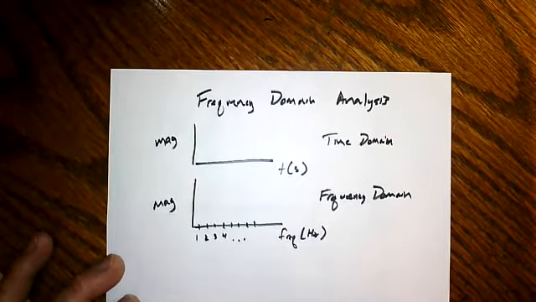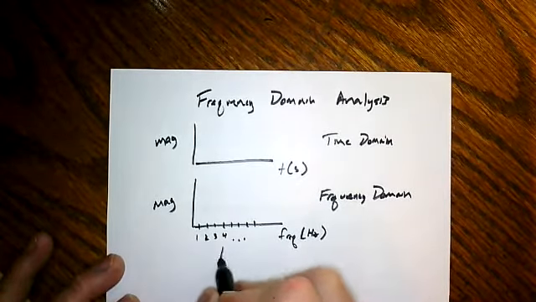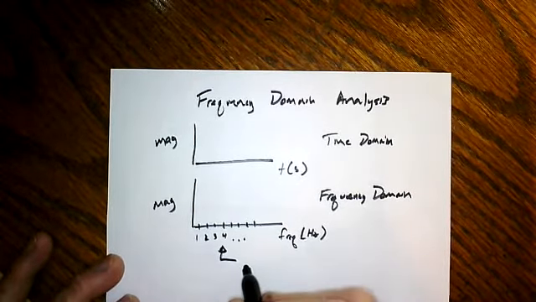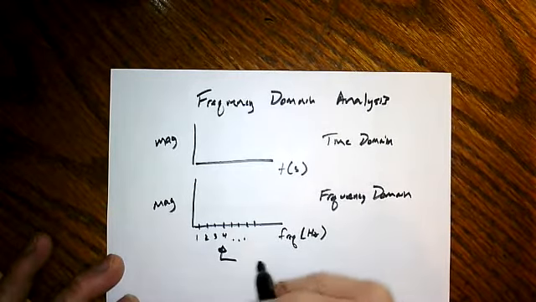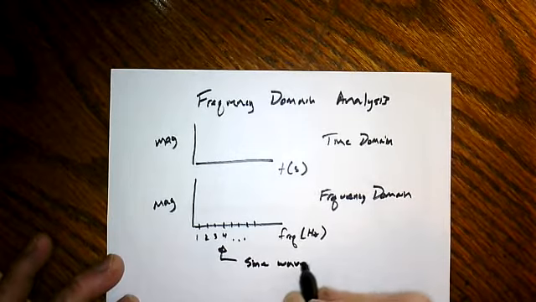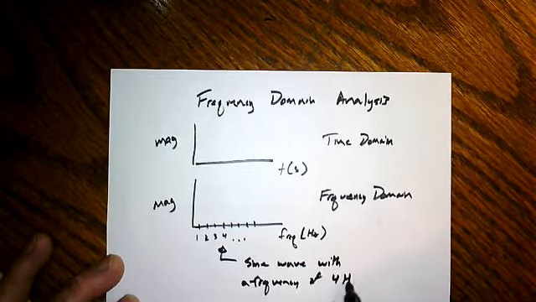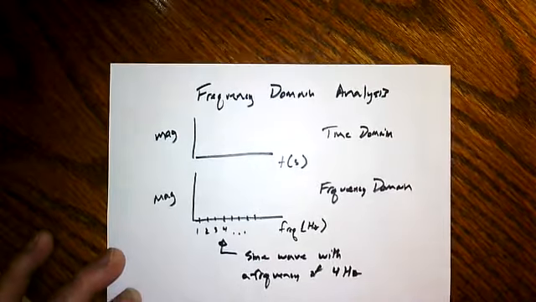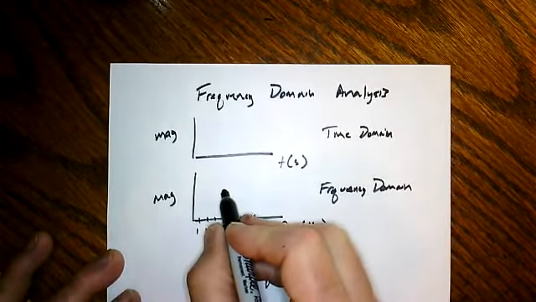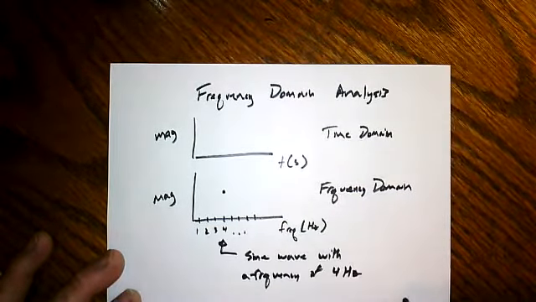What's also represented here, so this means a signal, and in this case, it's going to be a sine wave, and we're going to get into this, with a frequency of 4 hertz. And then we plot a data point for that right here.